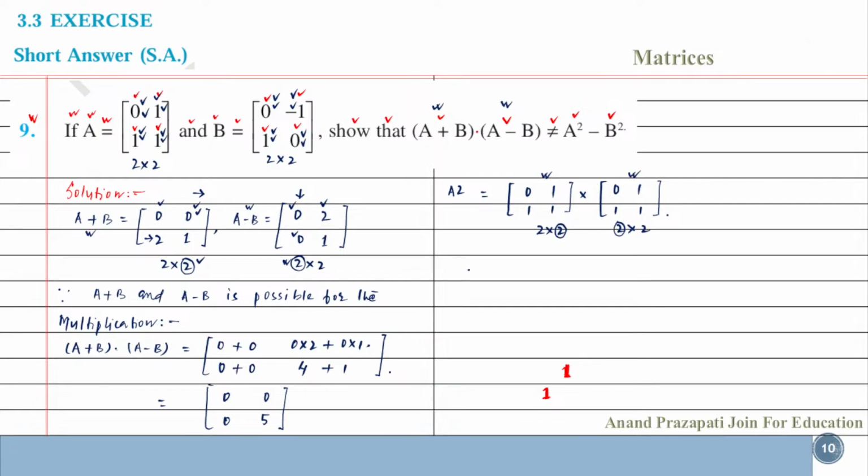So after the multiplication, we move along the first row, then we get here and here first column. 0 into 0, we write down here 0 into 0 plus 1 into 1.